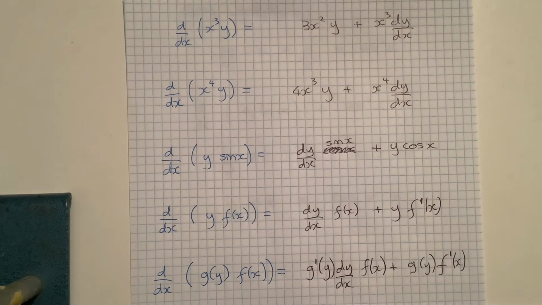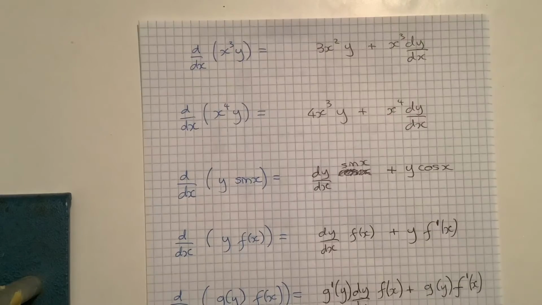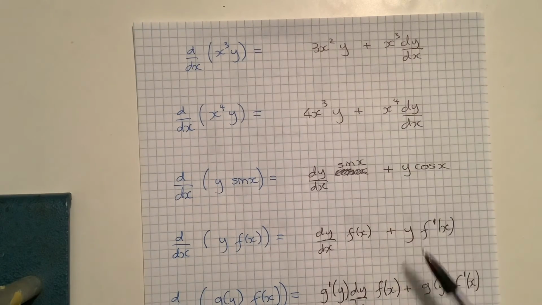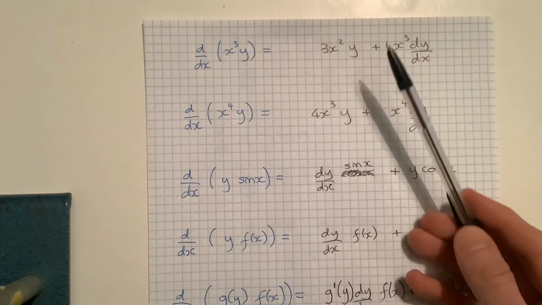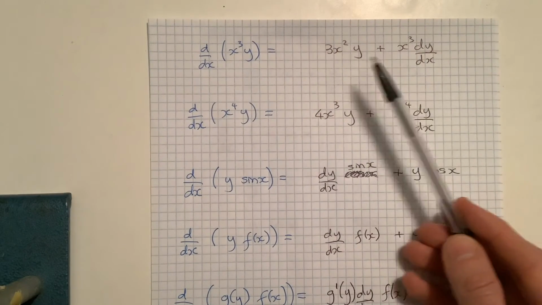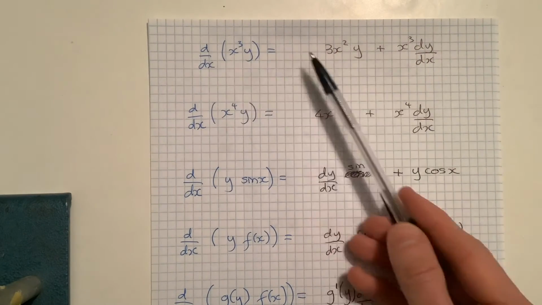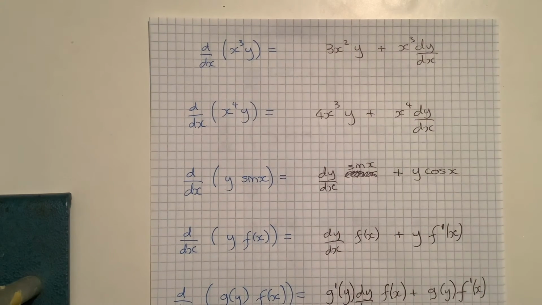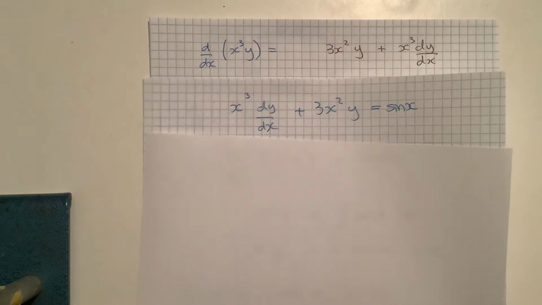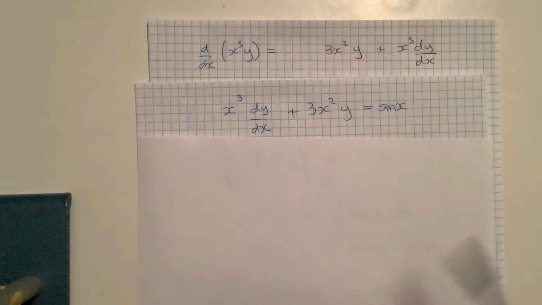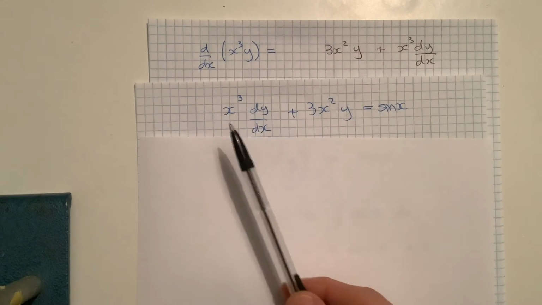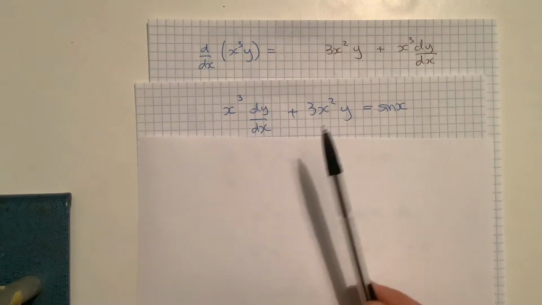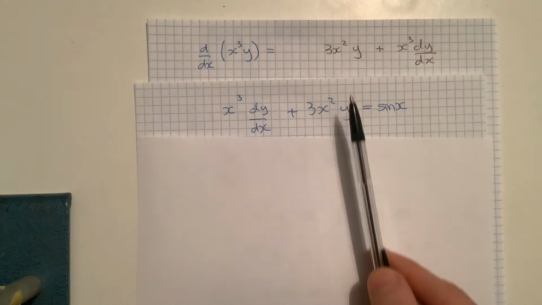So that helps us in these questions, because if we can spot something that looks like this, or this, or this, or this, or this, then we can rewrite that as that. This is the same thing as this. So in that example we just saw a minute ago, notice how the left-hand side here, I've got x cubed dy by dx plus 3x squared y.